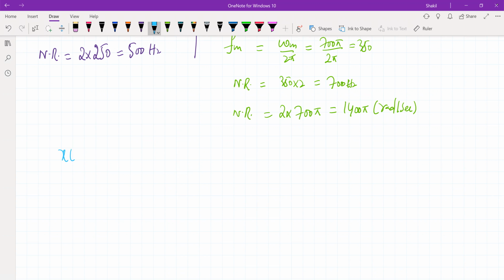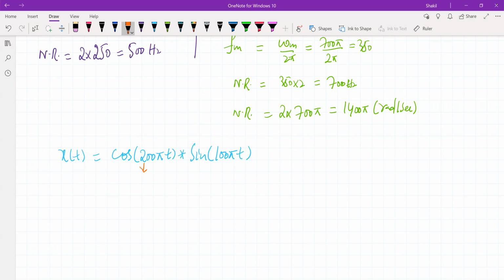Now the third case you can consider is if the signals are convolved in the time domain. Remember, in convolution we take the frequency which is minimum.